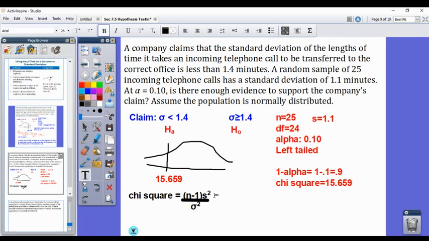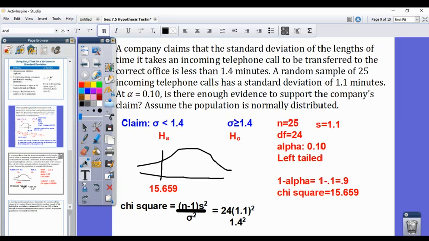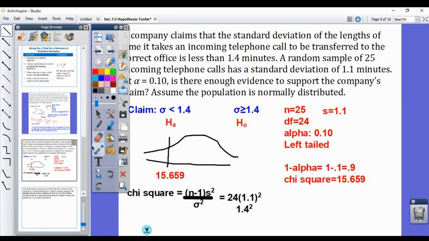Okay, so that is going to equal 24 times 1.1 squared, all divided by 1.4 squared. Make it a little bit skinnier.